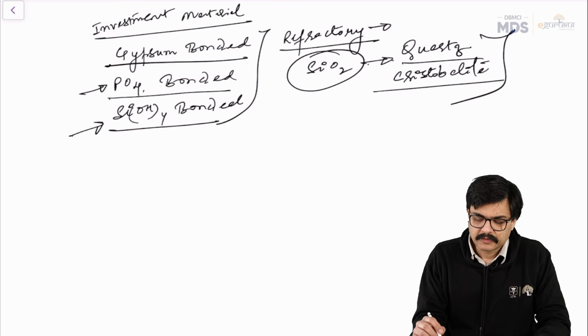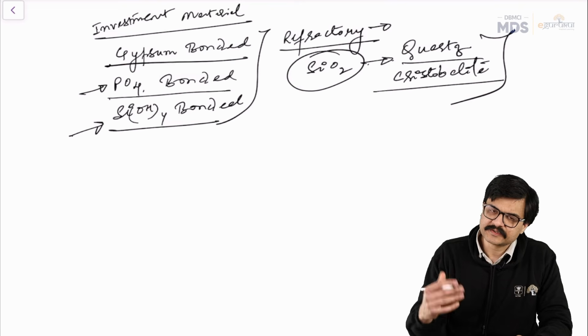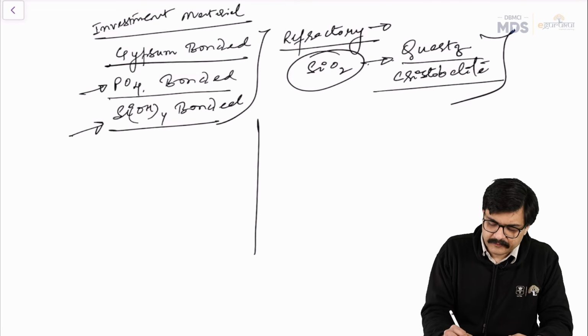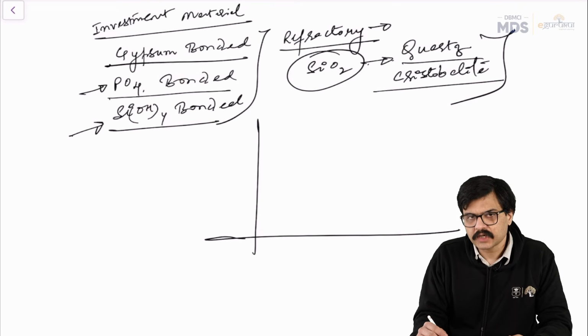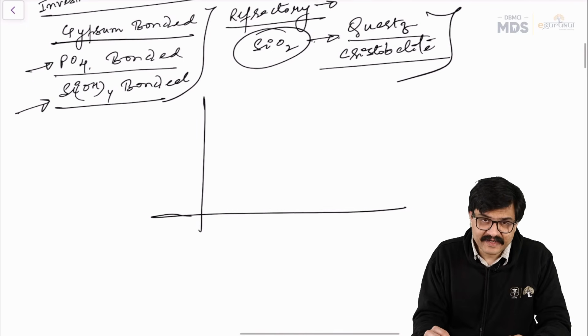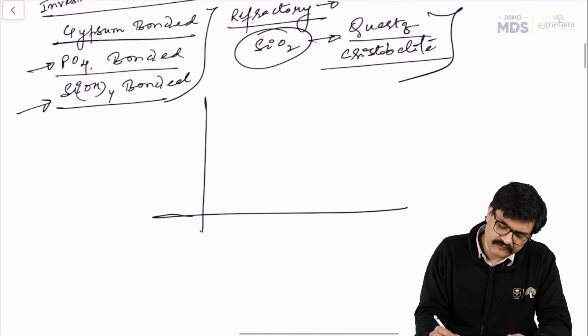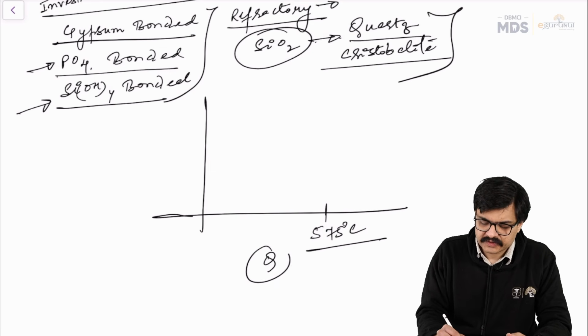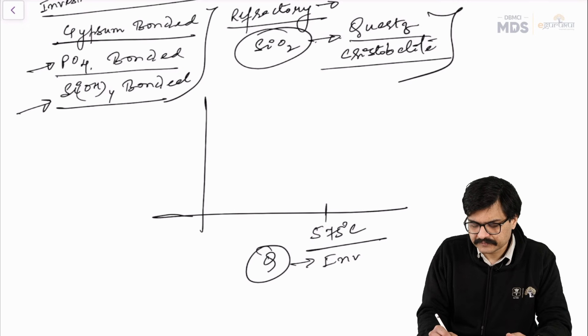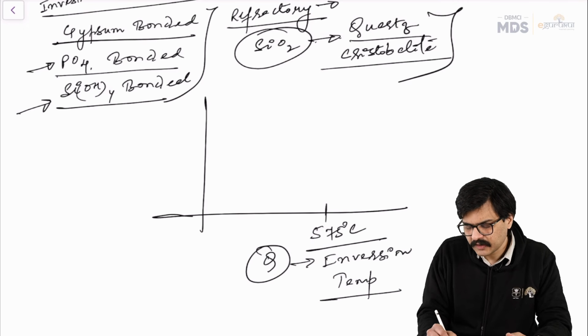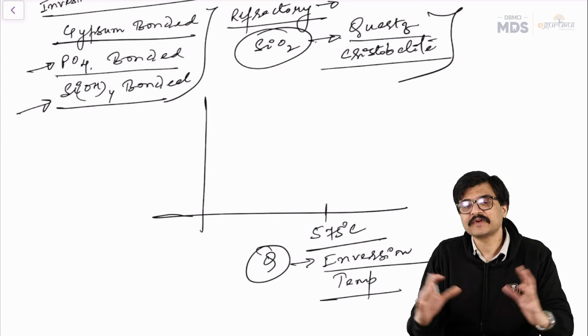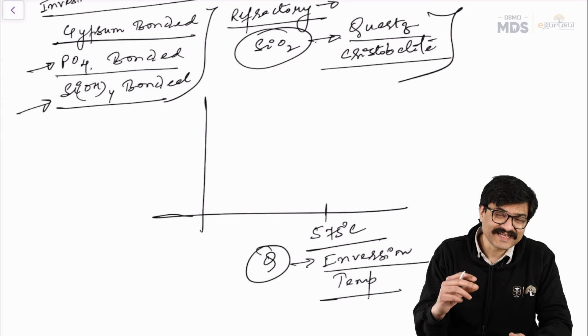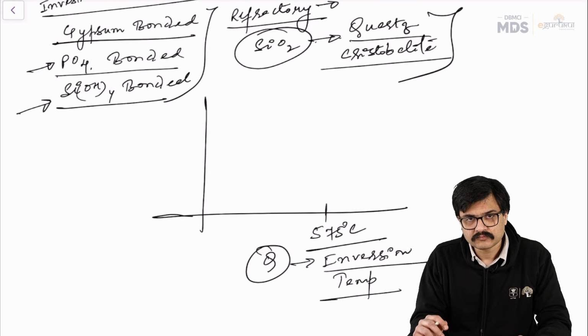Now quartz and cristobalite both would expand, right, as a function of temperature. Now typically quartz shows significant expansion at a given temperature, and that is roughly around 575 degrees Celsius. Okay, now that temperature for quartz is known as the inversion temperature. Inversion temperature is that temperature where it shows significant expansion, but the inversion temperature for cristobalite is relatively low.